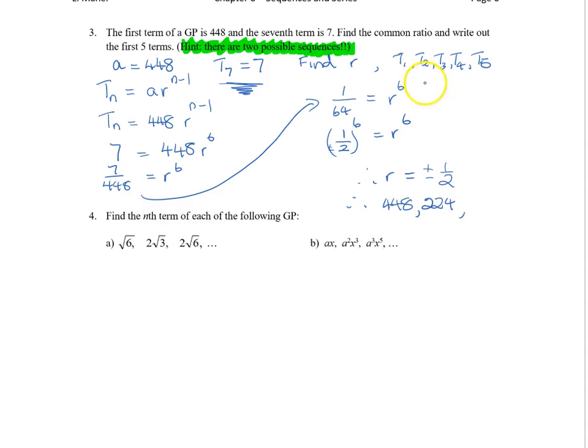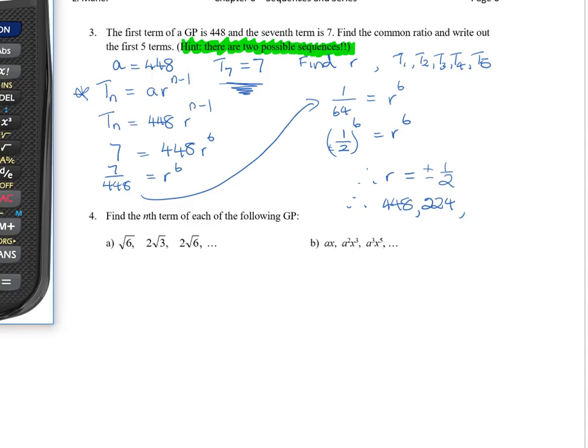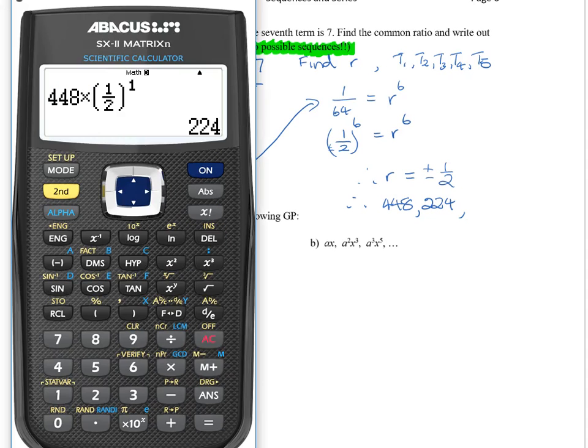And then I'm going to list out my first 5 terms. I know the first term is 448. Term 2 would be A times R to the 1. You can see, I'll drag the calculator in, that term 2 would be 224.